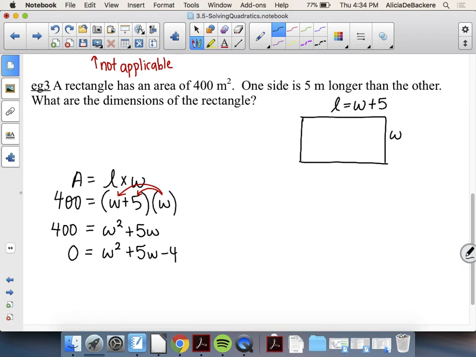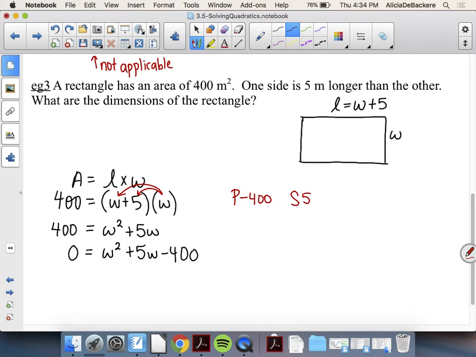So at this point we're solving. We're trying to figure out what's the number for W that makes this equation true. So again, I'm going to take a look at my simple trinomial factoring. It tells me to look for a product of negative 400 and a sum of positive 5.